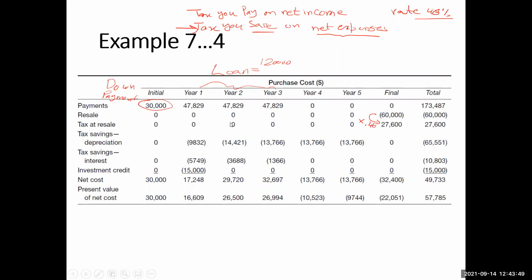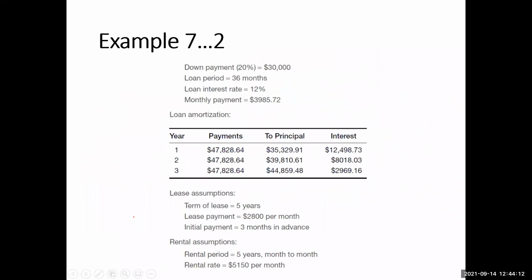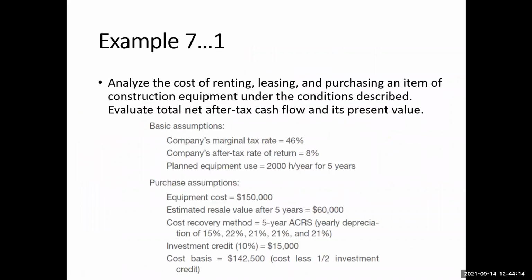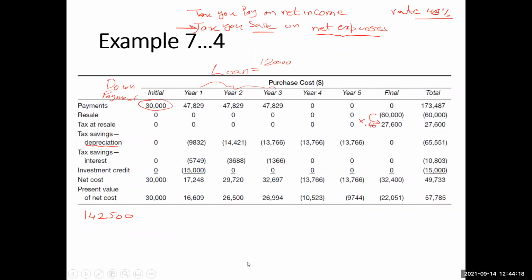So it means that this $9,832 amount you will save. How did we get this $9,832? This $9,832 is on the depreciation, and the depreciation is taking place on this cost basis of 142,500. Just look at this data. Depreciation will take place on $142,500, and depreciation is a cost.